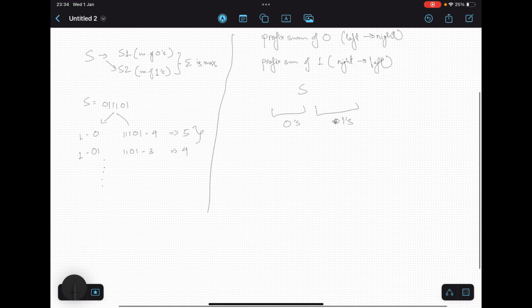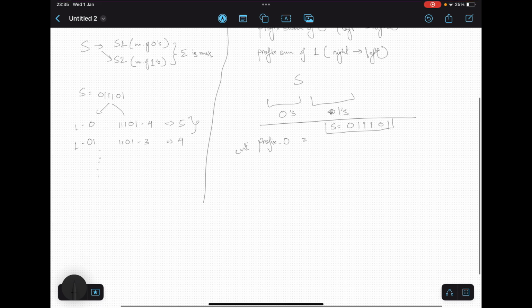So let's take the prefix sums for this string. The string is 0 1 1 1 0 1. The prefix sum of the count of zeros would be 1, 1, 1, 1, 2, 2. This 2 is because of this 0 and the 1 is because of this 0.